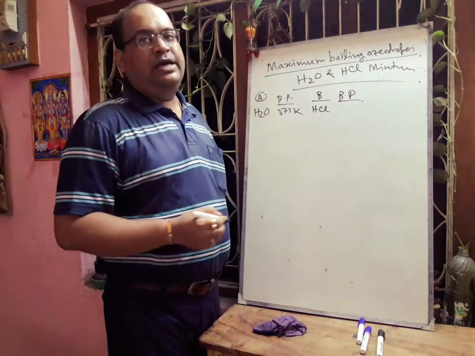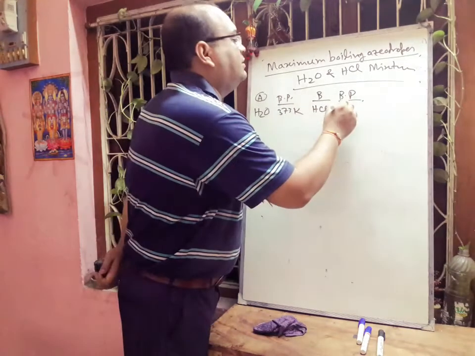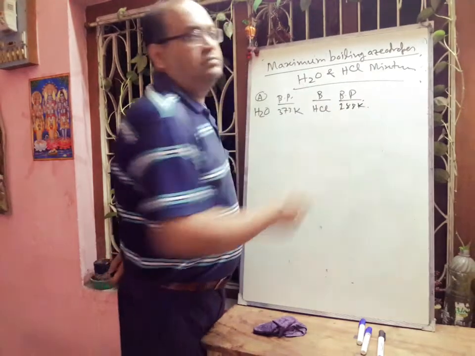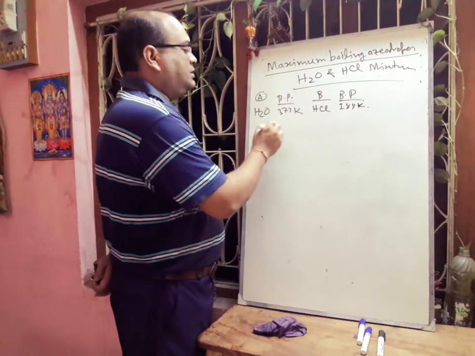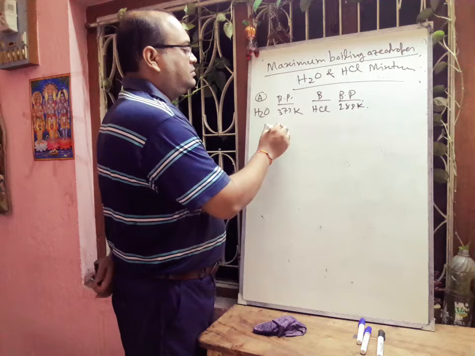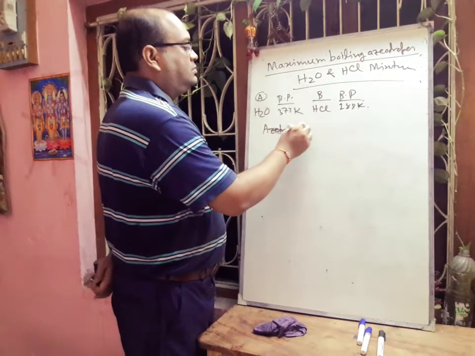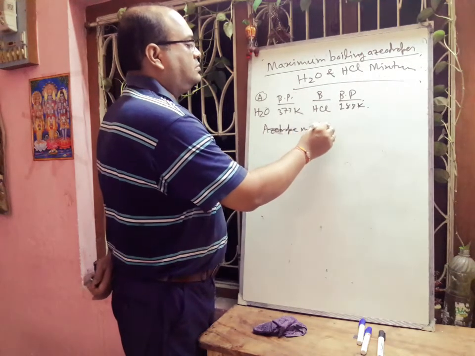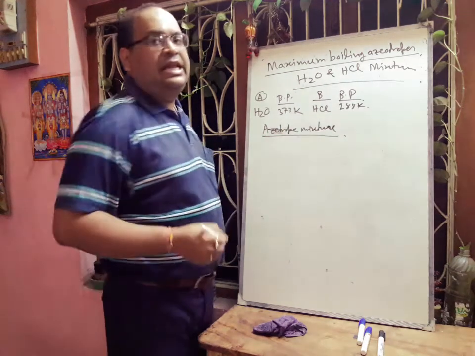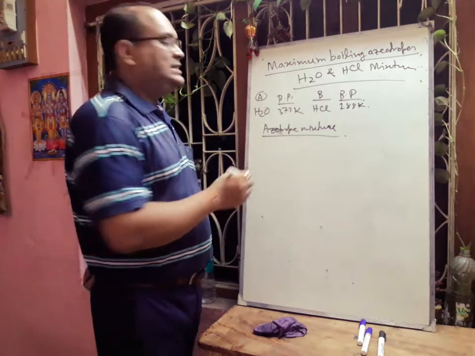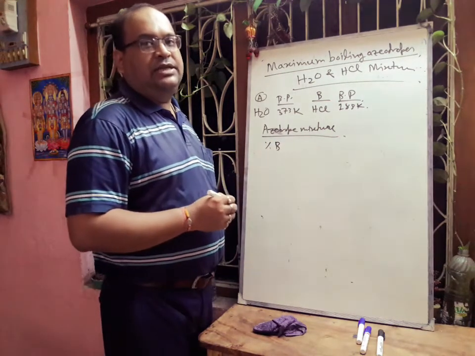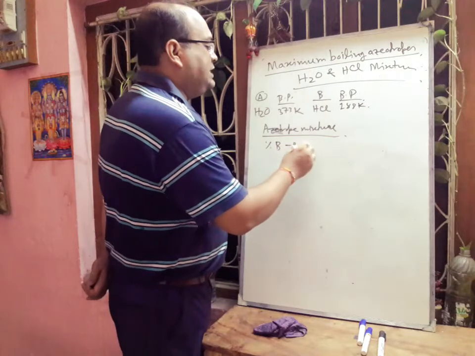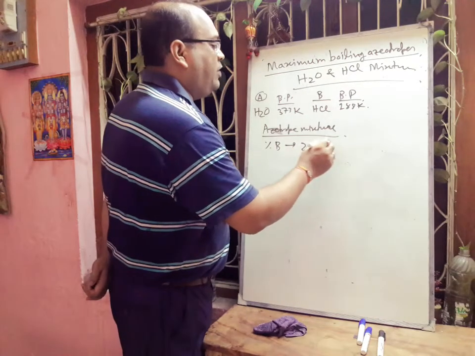The boiling point will be 188 Kelvin. Now if we take the azeotrope mixture, then what will be the mass percentage of B? The percentage of B, that means HCl, will be 20.23%.